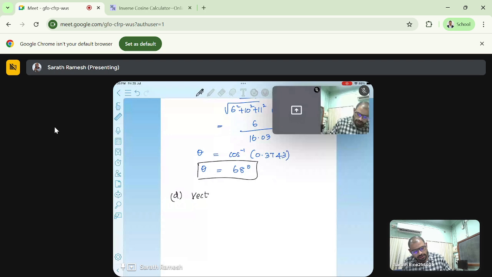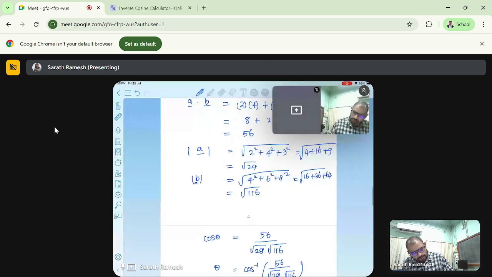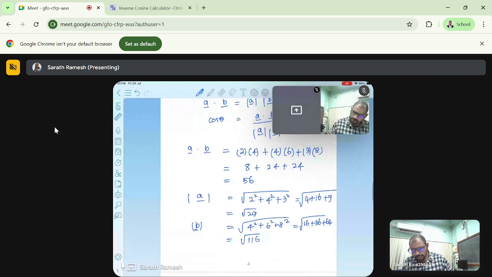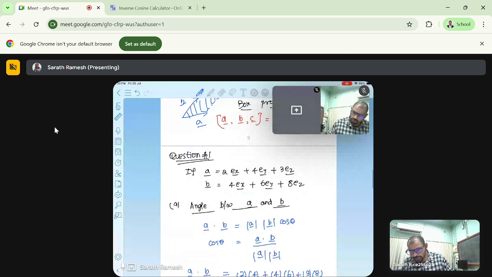If we have vectors in components, for A cross B we write the basis vectors in the first row: Ex, Ey, Ez. In the second row, we write the components of A vector, which are 2, 4 and 3.